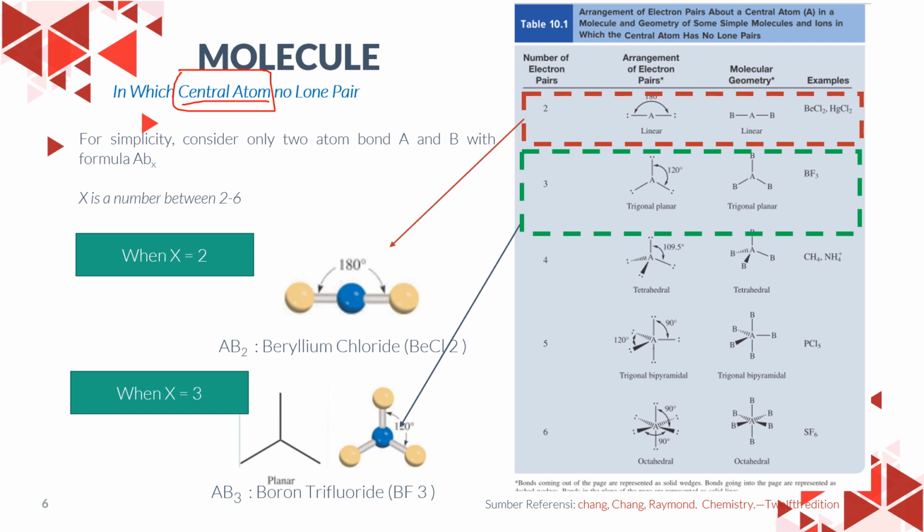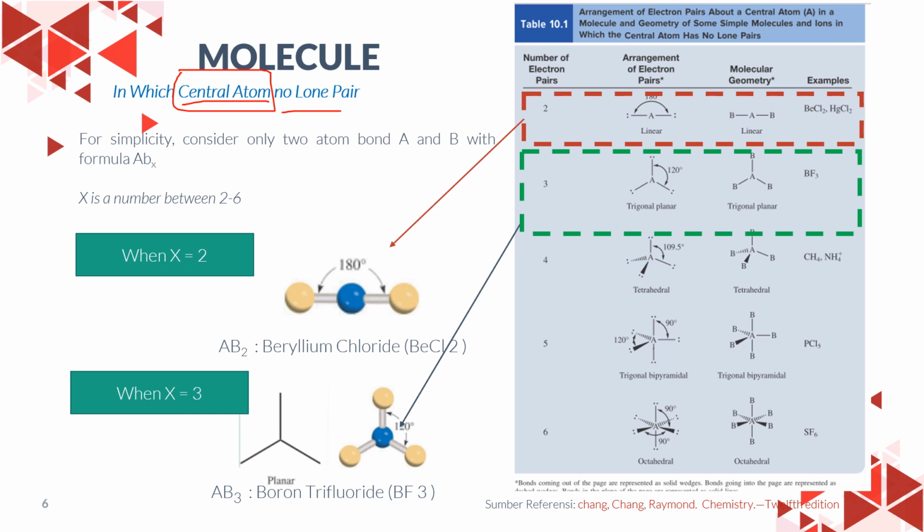Next, you can make two categories: the central atom with lone pair and with no lone pair. First, we need to understand the central atom with no lone pair. In addition, you can visualize what happens if a lone pair exists.